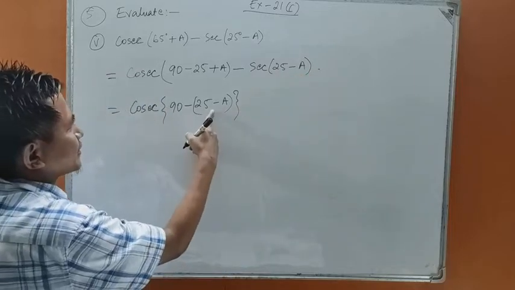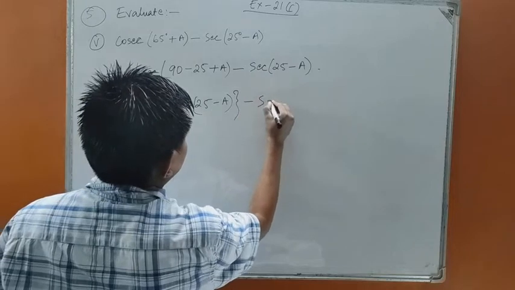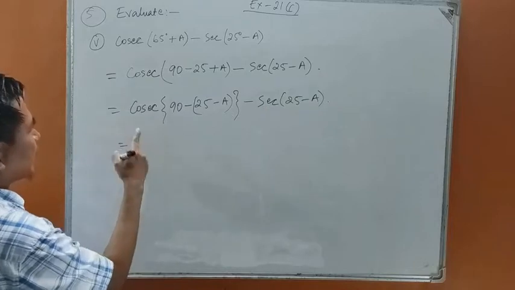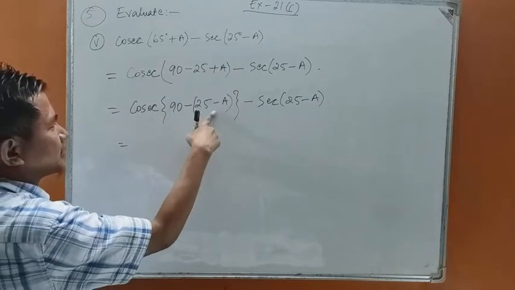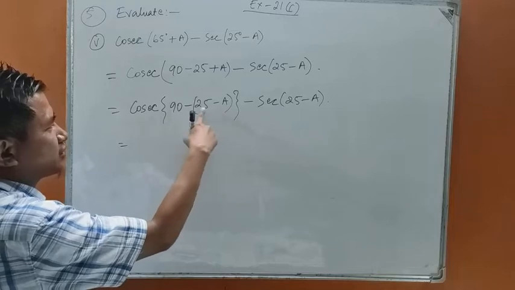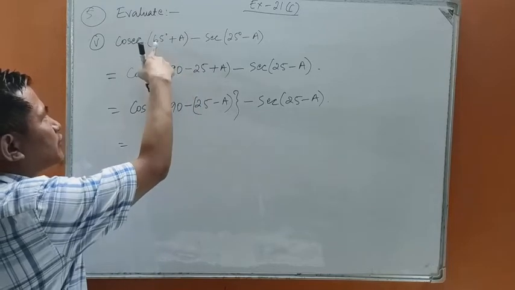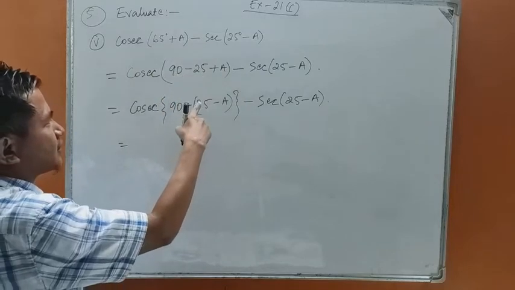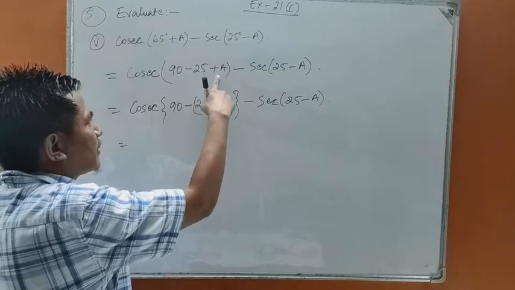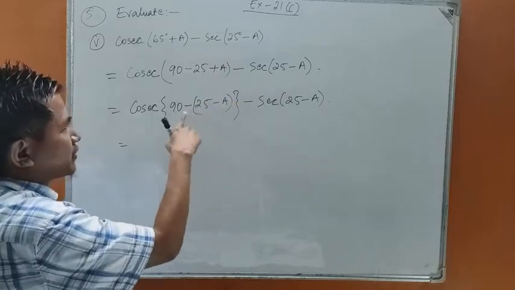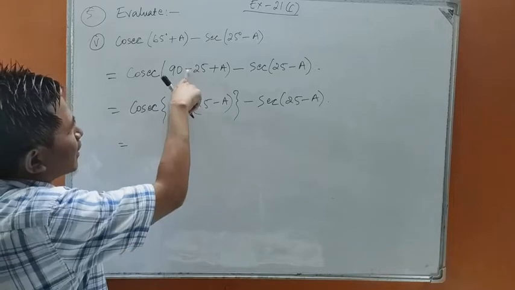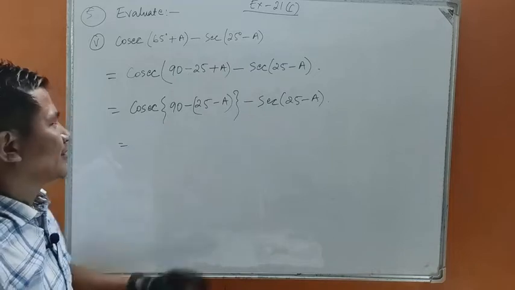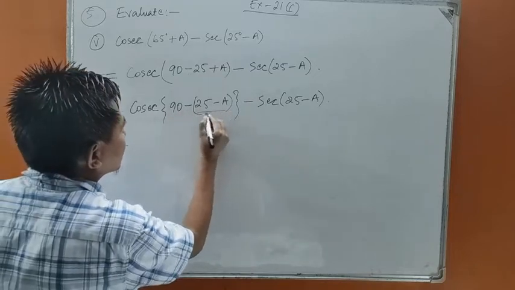Okay, 90 minus theta minus sec 25 minus a, isn't it? So here we have cosec 90 minus theta. Did you get this? How did this number come? This 90 minus 25 is 65. Instead of the 65, I wrote 90 minus 25. Now what I did is I changed the sign of a to minus and put the bracket. This means minus into plus is minus 25 and minus into minus a is plus a. Nothing is changed, okay? So cosec 90 minus theta, theta is this, isn't it?